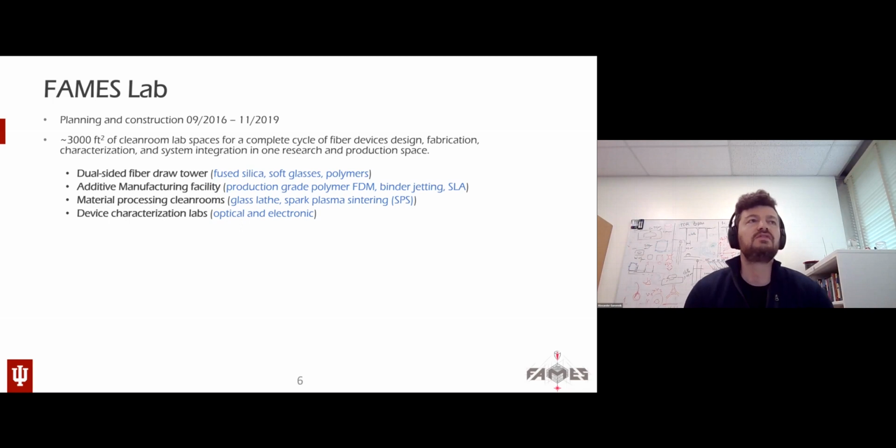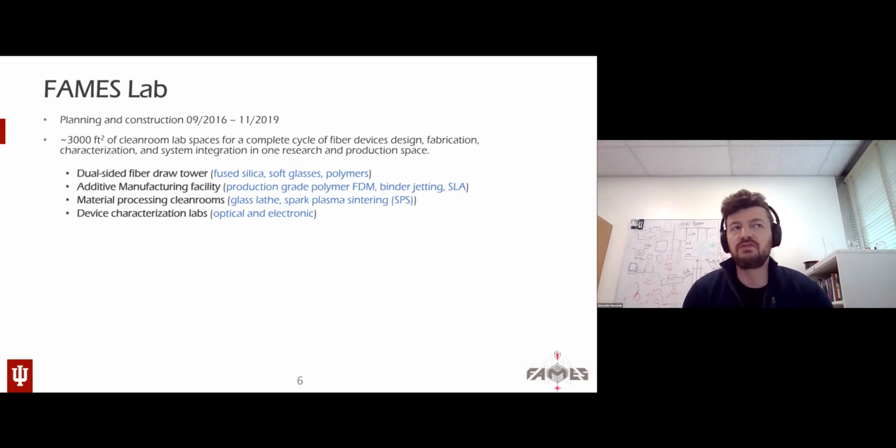Thames Lab is 3,000 square feet of clean room spaces, which house a number of heavy-duty, high-throughput systems, such as a dual-sided fiber draw tower that is capable of drawing fiber at up to 100 meters per minute. So we can produce kilometers of fiber devices in one run.